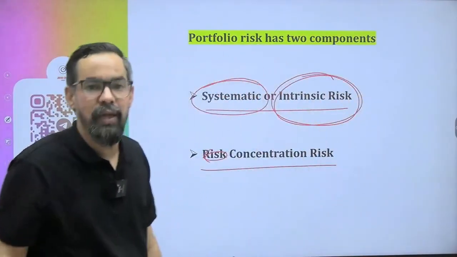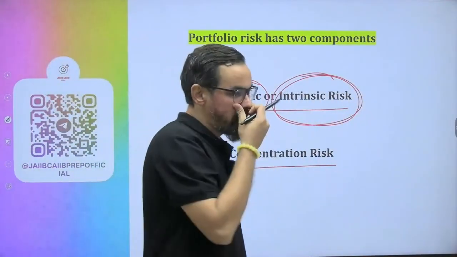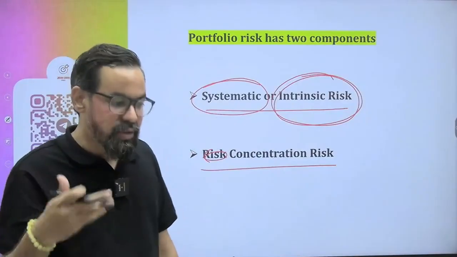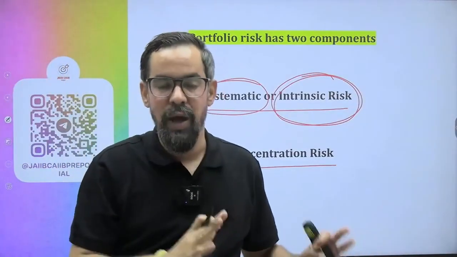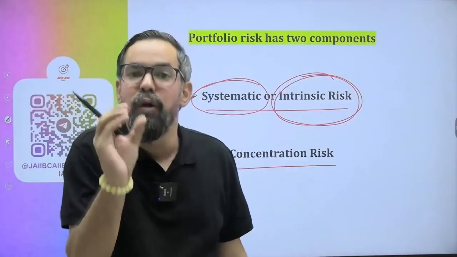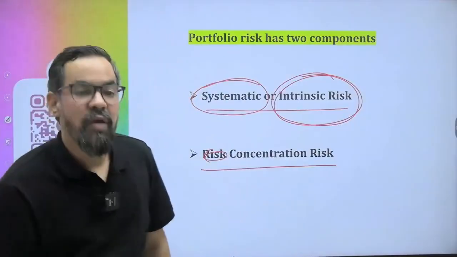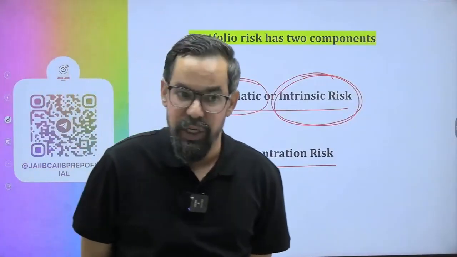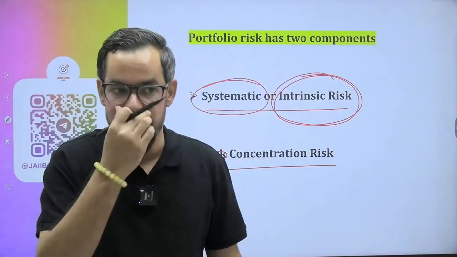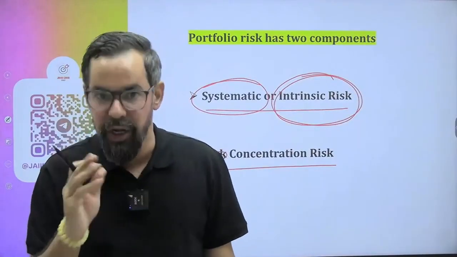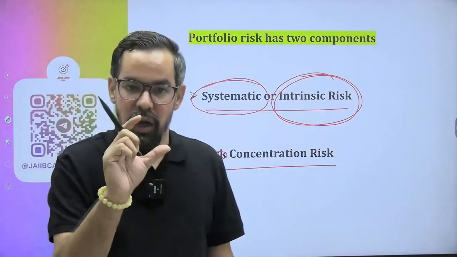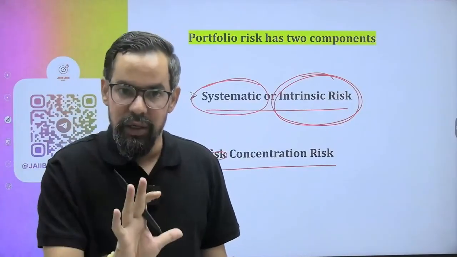Intrinsic risk is something like this: let's say we have some assets or some portfolios, and in those portfolios we have done the mitigation also. After mitigation as well, there is a probability of default. Let's say we have given a loan of 50 crore rupees to XYZ company, and we secured that with 70% or 80%. So 20% or 30% is still at risk.